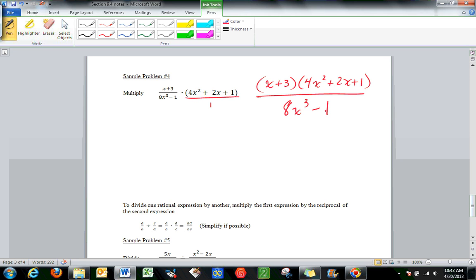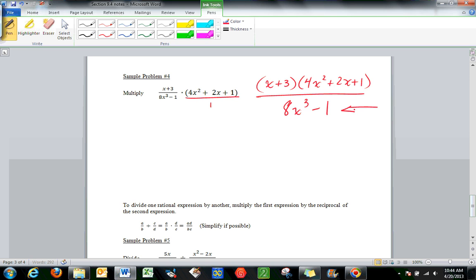Now, here's what I recommend you do. If you tried to factor 4x squared plus 2x plus 1, you may have realized that it just wouldn't factor. 4x squared is a perfect square, 1 is a perfect square, but the middle term is not 2 times a times b, which means that that is not a perfect square trinomial.